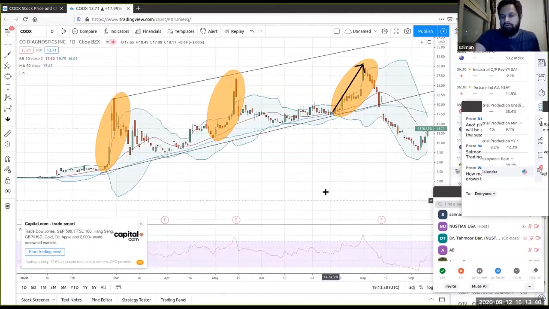But the question was how we know that it's going to be bullish, when to enter the trade and how to trade it. So for me, when I see this chart, I can see this channel clearly as I showed you, but it's not very easy to see it clearly. There are a few problems at the moment in the chart.